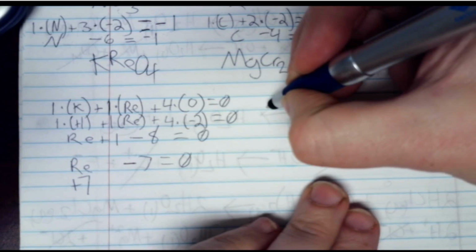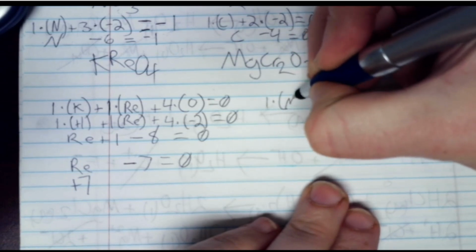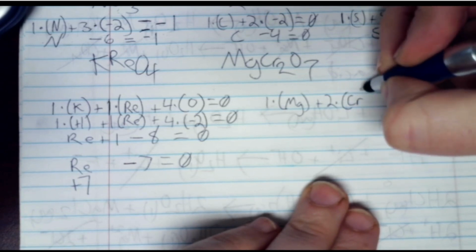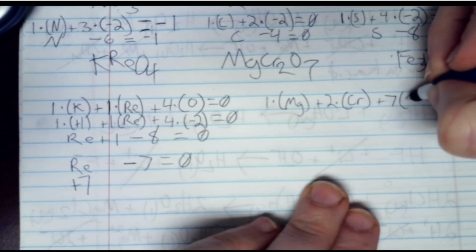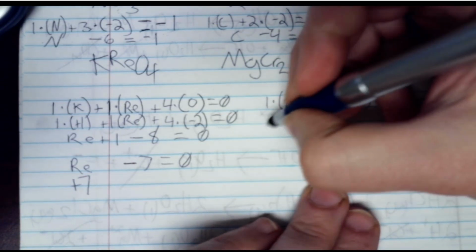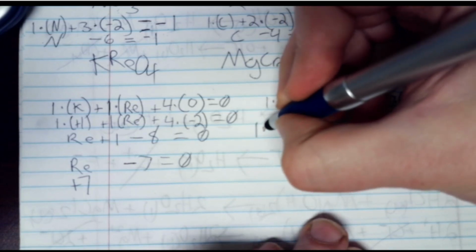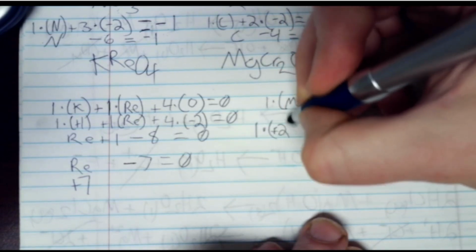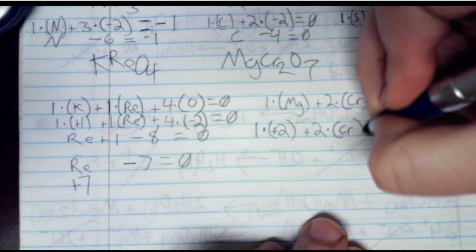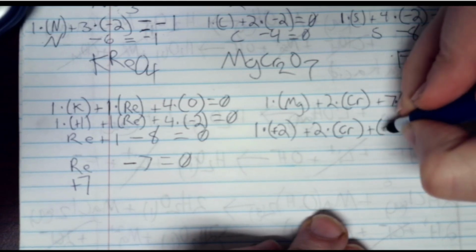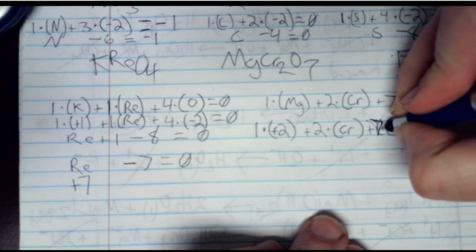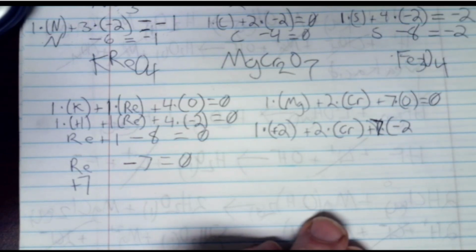We have 1 magnesium, 2 chromiums, and 7 oxygens, and all that adds up to 0. We know the magnesium, that's 2+. We do not know the chromiums, we'll leave that there, but we do know the oxygens are almost always -2.